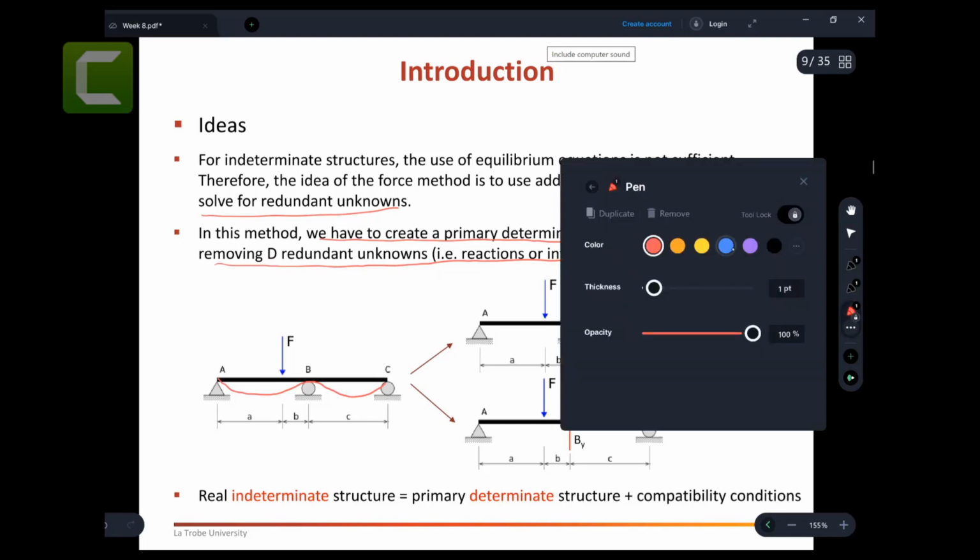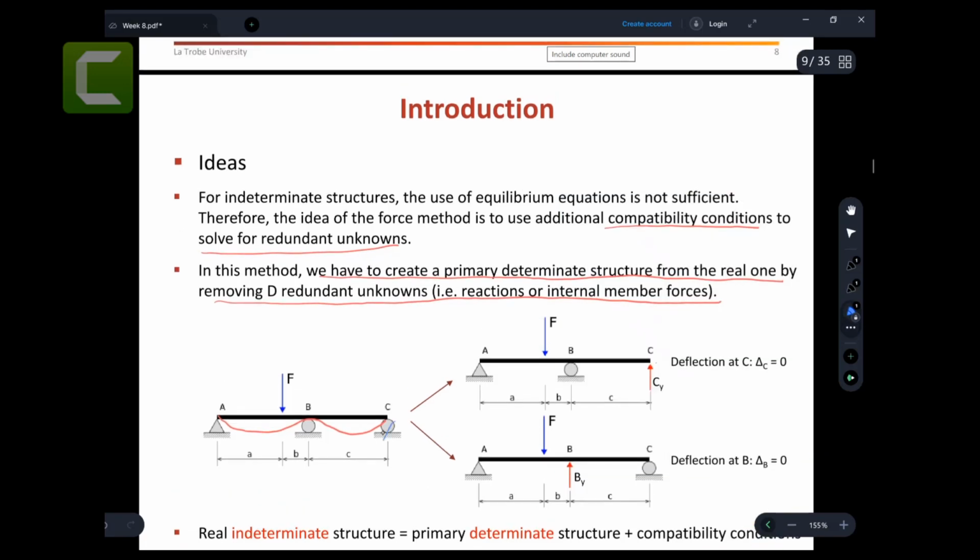But when I remove this support, I might get something like this, right? There is a deflection that you get, delta C, because when I remove that support in the primary structure, you will get this deflection.